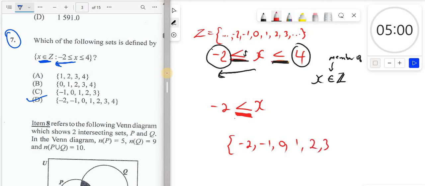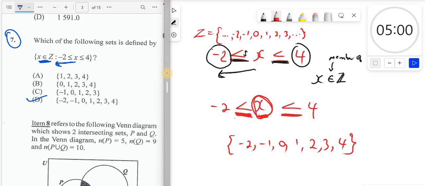But based on what we're told, the set of numbers represented by x will be less than 4. But we're told to include 4 as well. So since we're going to include 4, we put 4 there. But we want numbers that are less than 4, which would be the 3, 2, 1, and so forth, going back in that direction.